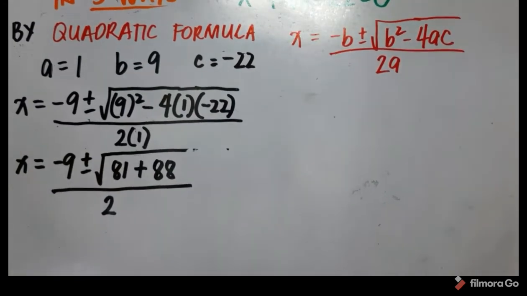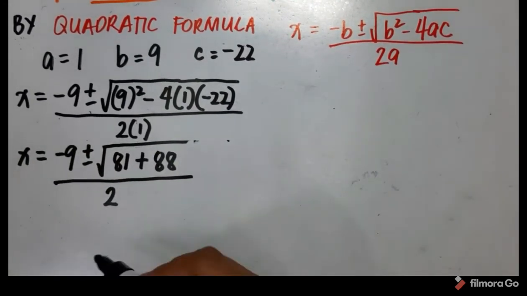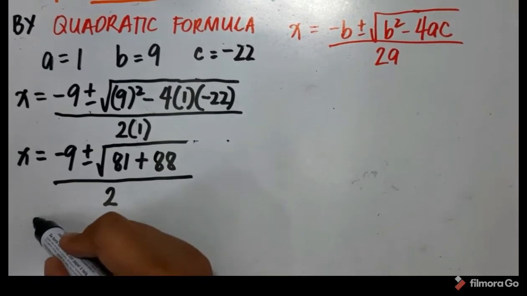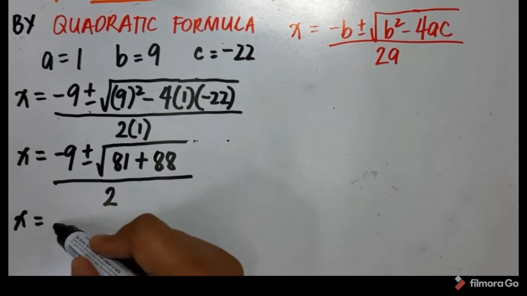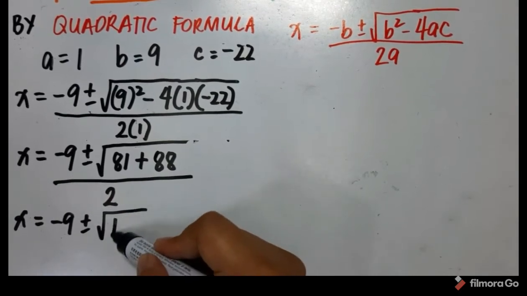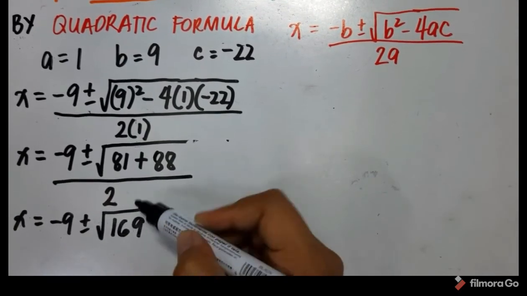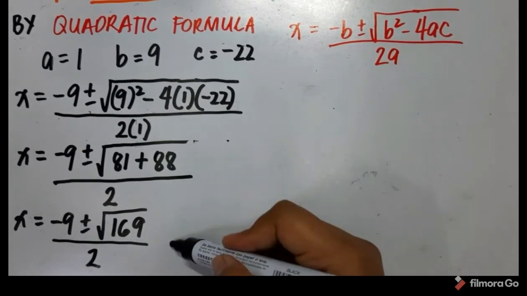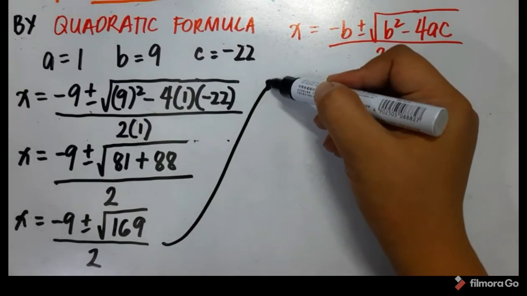Let's continue. Combine 81 and 88, so the answer is 169. So that would be the square root of 169 over 2.